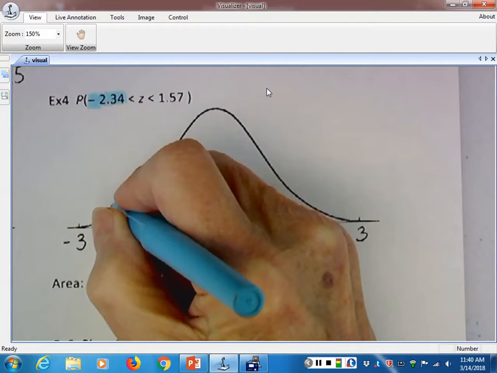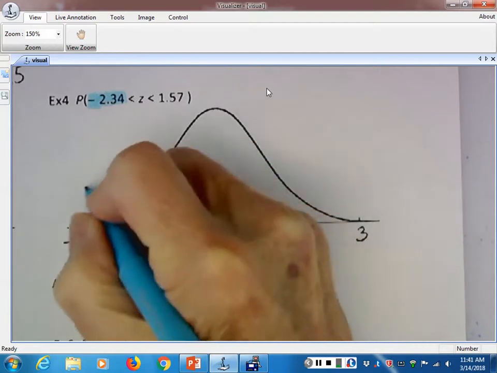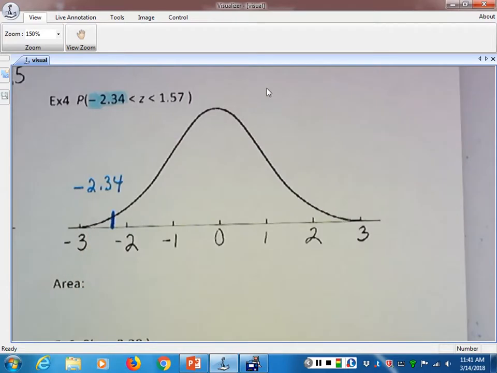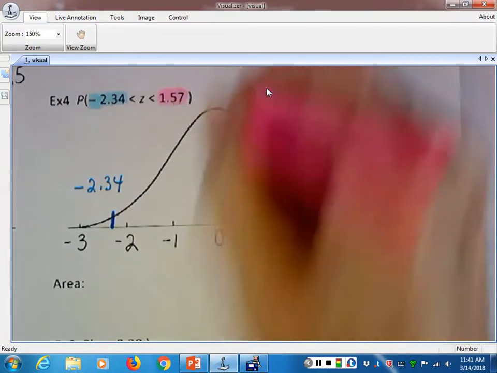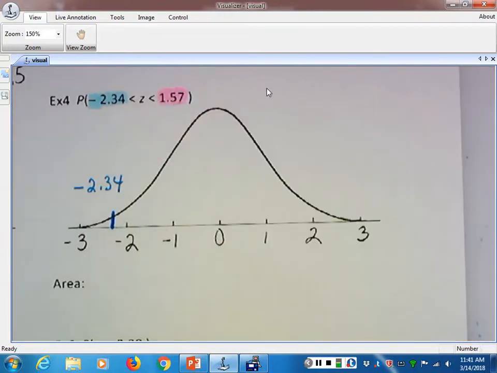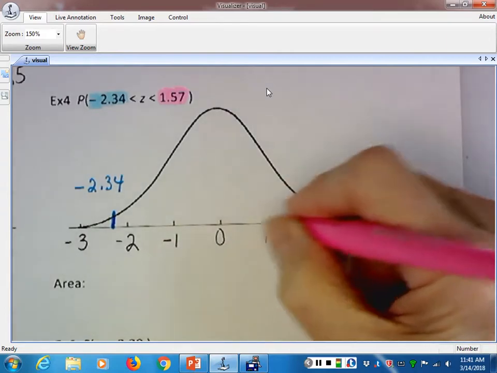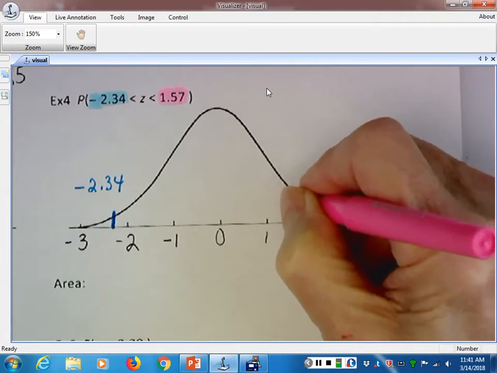So we draw a line at about where we think negative 2.34 is. Then we examine the upper boundary and we see that it's 1.57 on the positive side, so that's past 0. So 1.57 is between 1 and 2, and it's a little more than halfway between 1 and 2, not much.